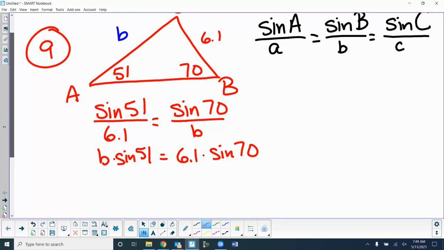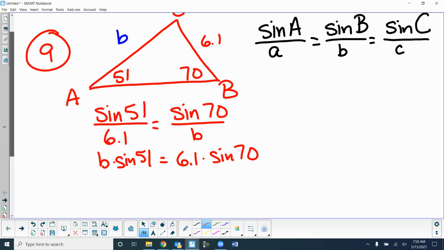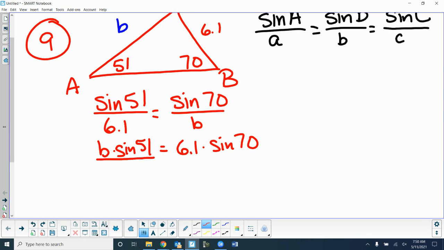And then I would divide by the sine of 51 to get B by itself.